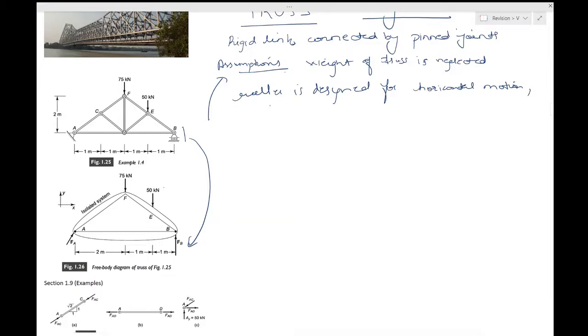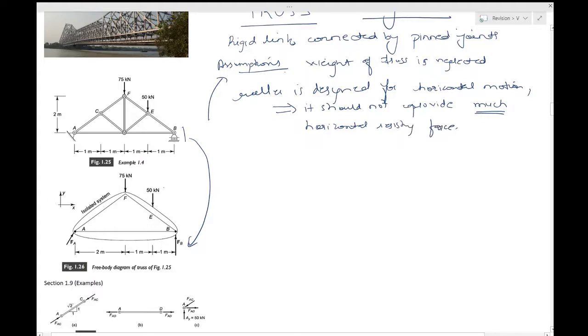Hence, it should not provide much horizontal resisting force. Because if it was providing a lot of resisting force, then we wouldn't put a roller, right?